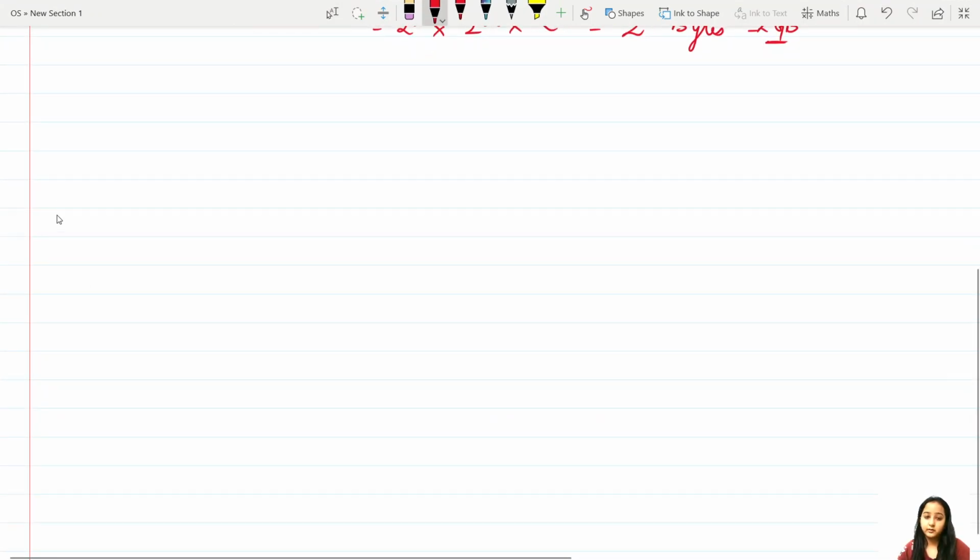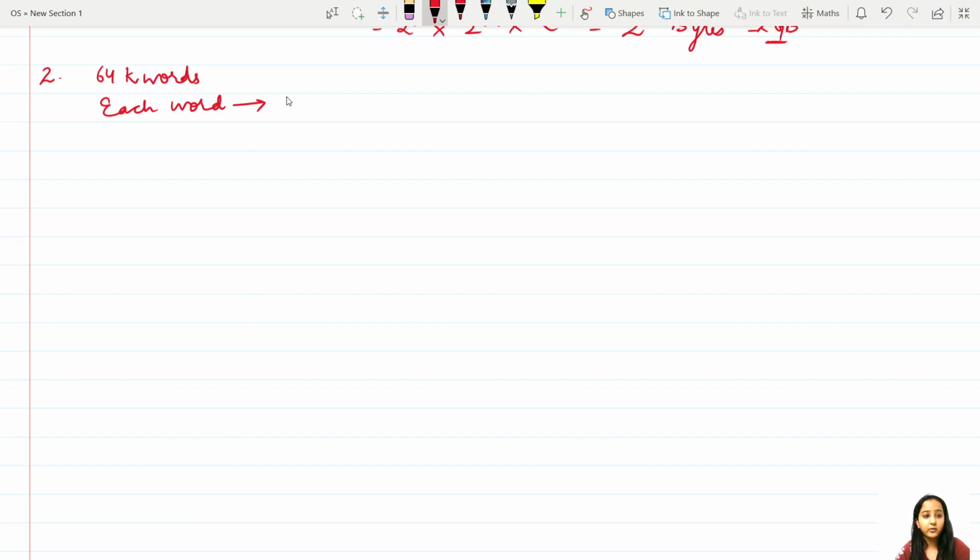Next, let's see another example also. So we have a system with 64K words. We are having one system in the memory, and each word has a size of how many bytes? 16 bytes is given, and you have to calculate the capacity of the memory.